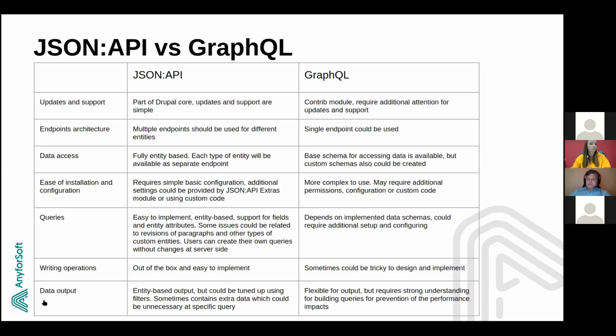For more detailed tuning, we can use the JSON API Extras module. It provides us some user interface for additional settings. And for difficult things, we also can deal with custom code for providing some things related to JSON API.